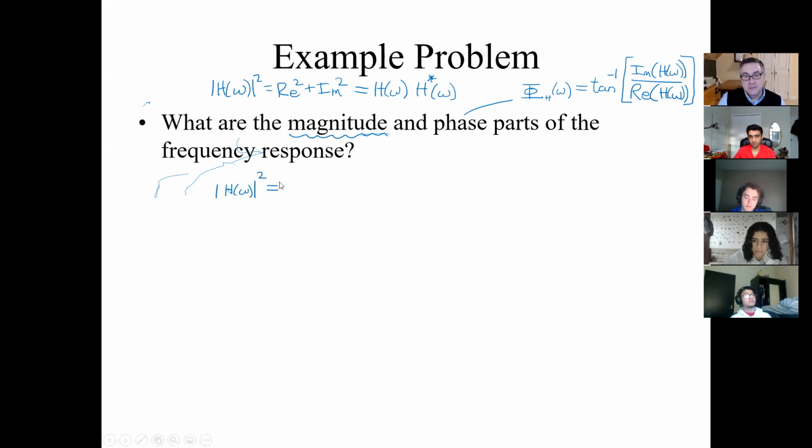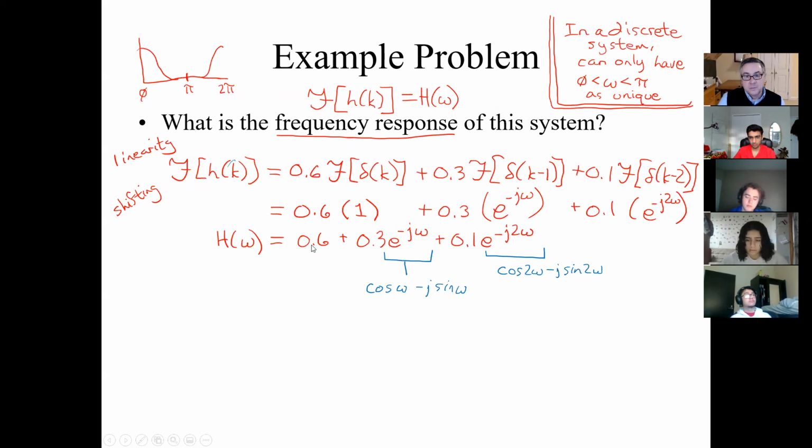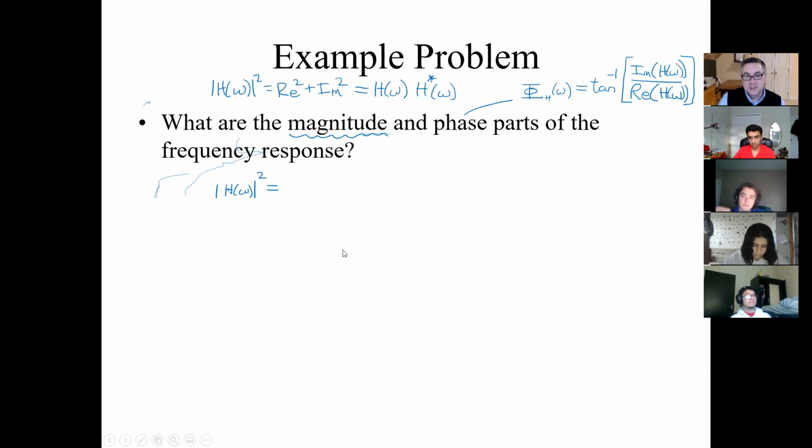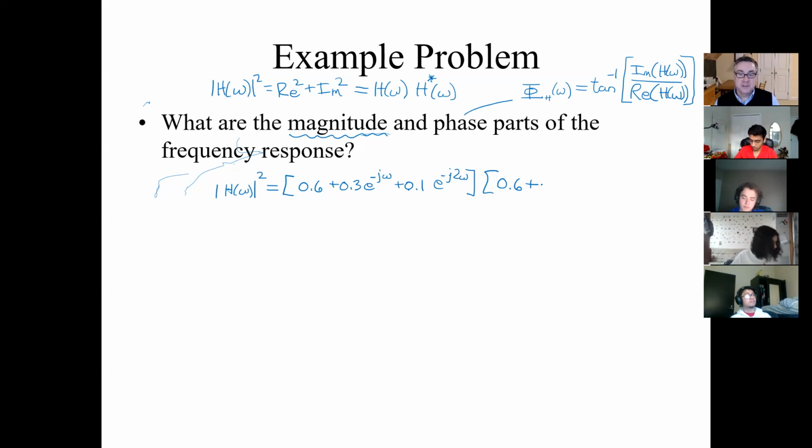Okay, so I'm going to roll back to our best form of H of omega, 0.6, 0.3 e to the minus j omega, etc. So let me write that. And then to form its complex conjugate, the rule is everywhere you see a j, you negate it.